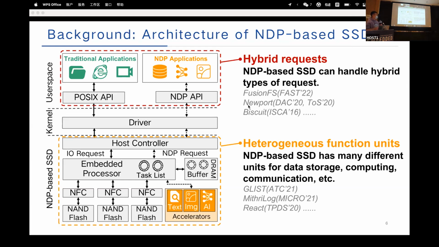The second is that the NDP-based SSD usually includes heterogeneous function units, such as the NAND flash module for storing data and the accelerators for data processing inside the SSD.